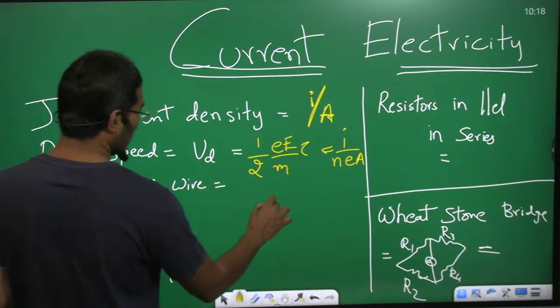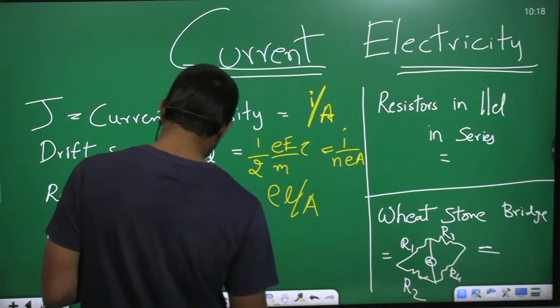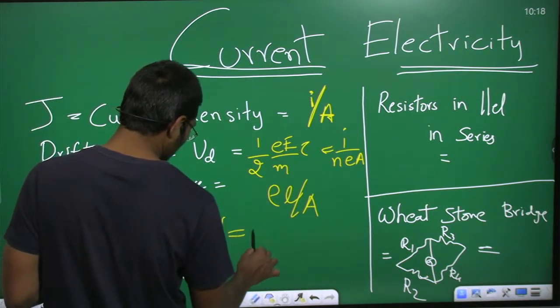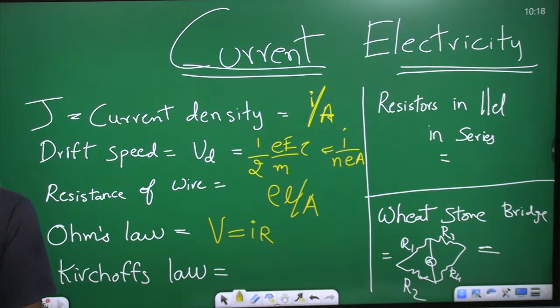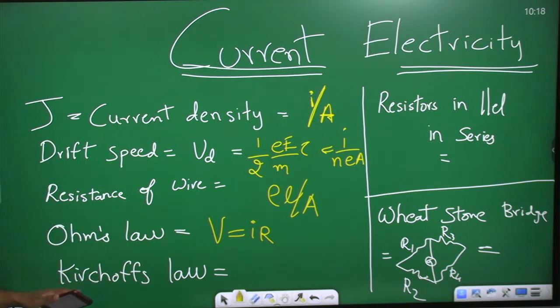Okay, rho L by A. What is Ohm's law? V equal to IR. What is Kirchhoff's law?